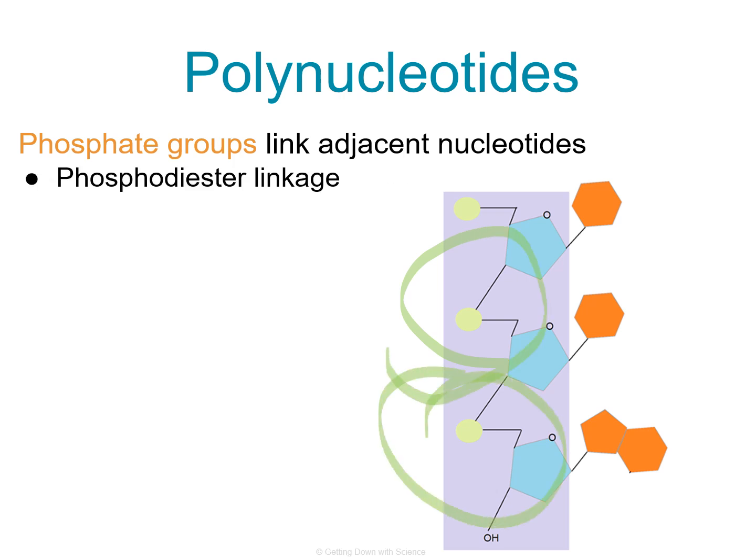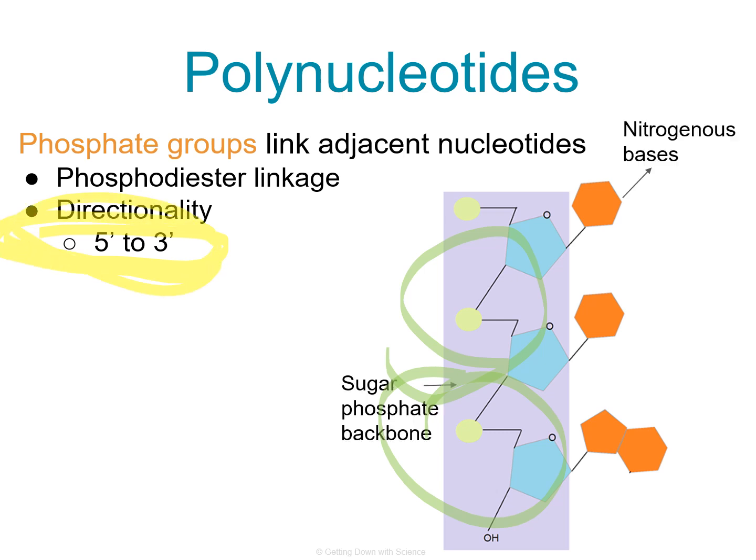They link directionally, so they're going to link in one way, just like our amino acids. And we read these 5 to 3 prime. That's really important to remember. You can see the sugar phosphate backbone, and then the nitrogenous bases are just sticking off to the side.